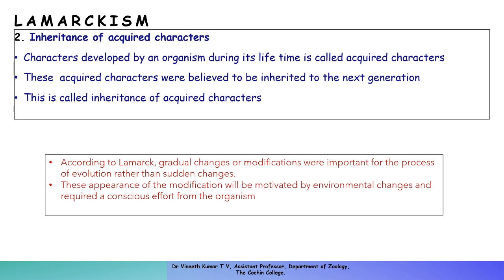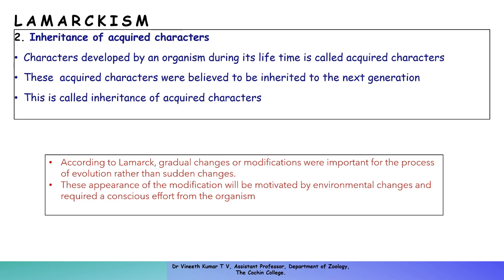And this need will trigger an internal urge in the organism, and that internal urge will cause the variation or change, so that animals change from generation to generation. So in each generation such changes happen.